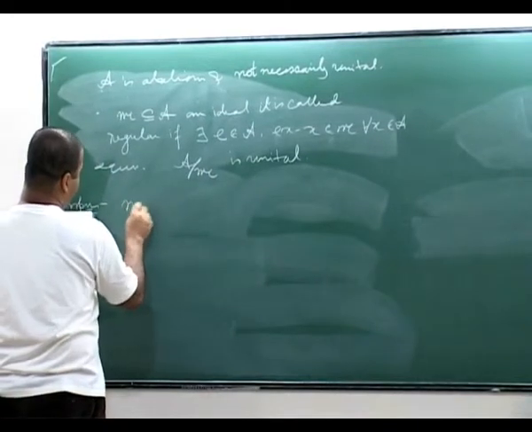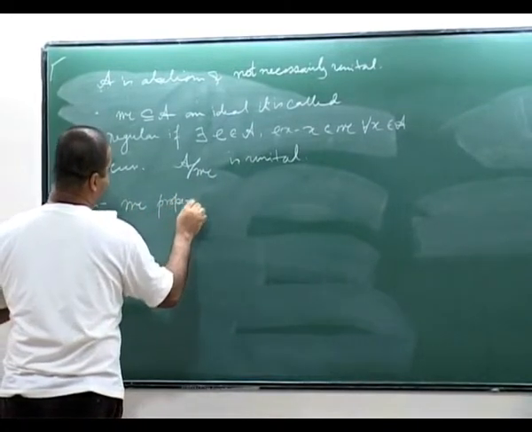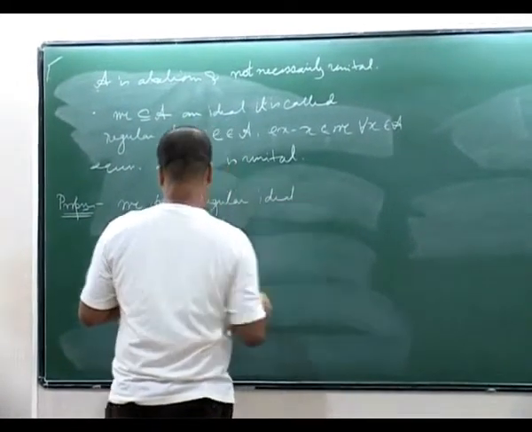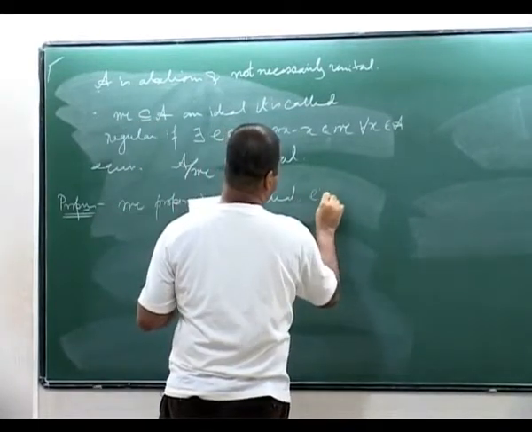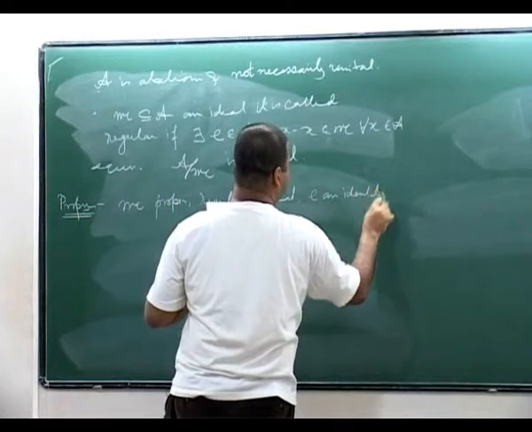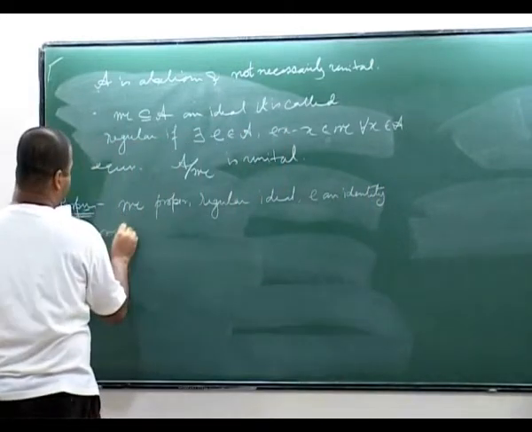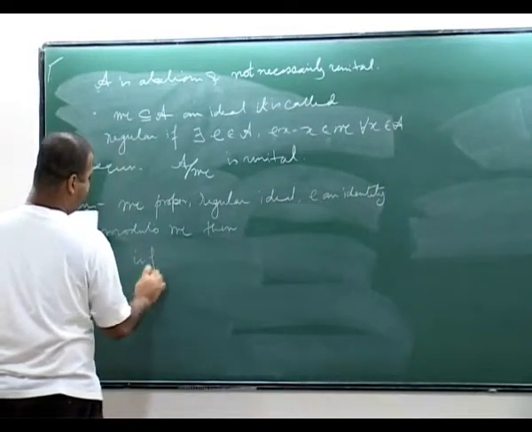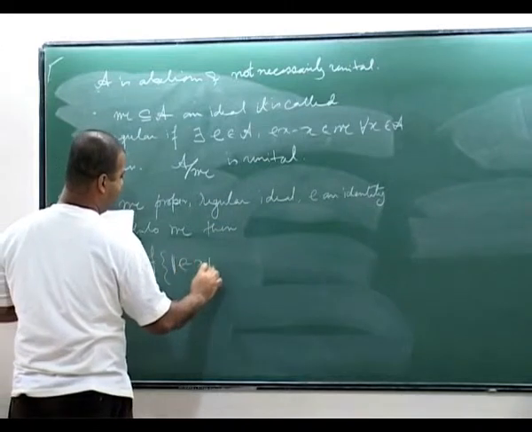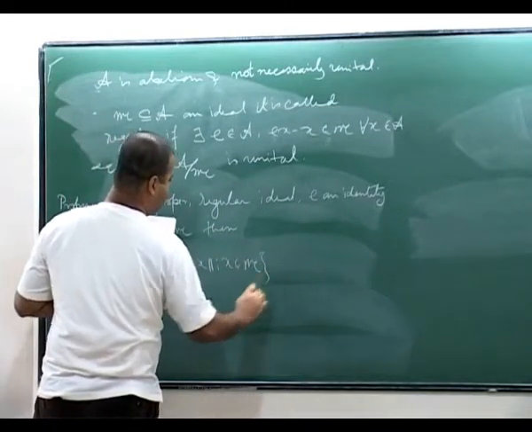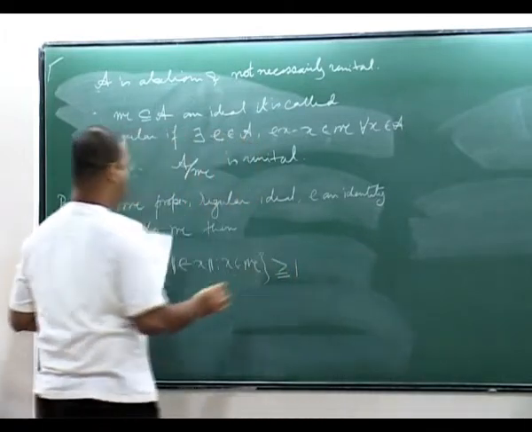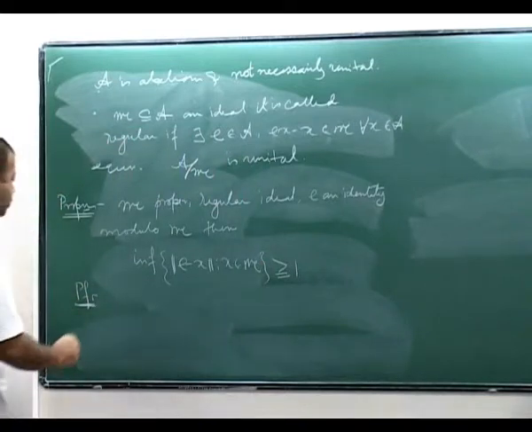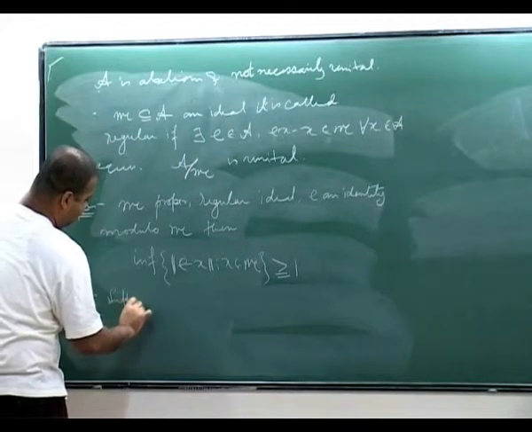Okay, so if M is a proper regular ideal and E an identity modulo M, then, so, suppose the contrary.